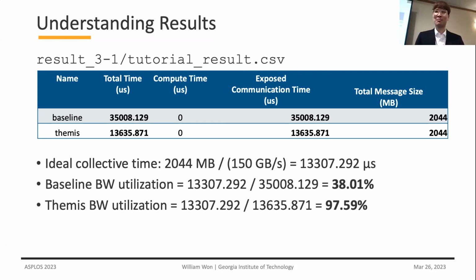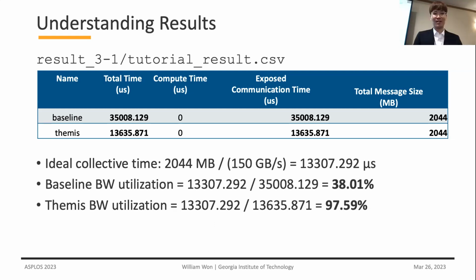So ideally, with 100% bandwidth utilization, the collective time should be about 13,300. But the baseline took about 35,000, meaning the bandwidth utilization was only about 38%. But the Themis scheduler was able to drive this bandwidth utilization and achieved about 97.6% bandwidth utilization on the very same topology and the very same 1 GB collective.